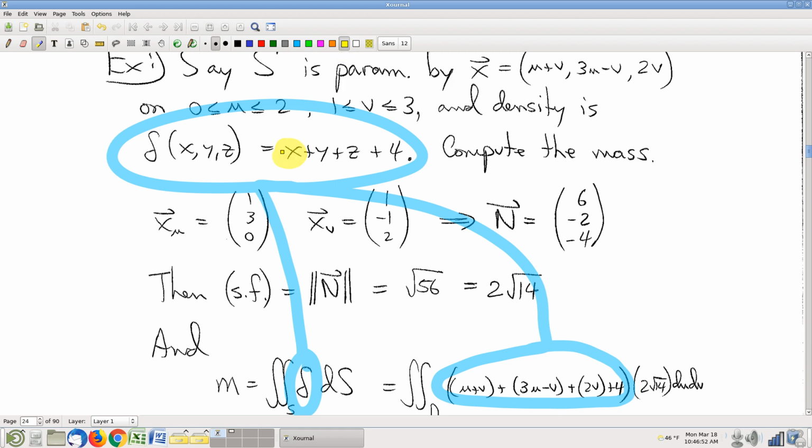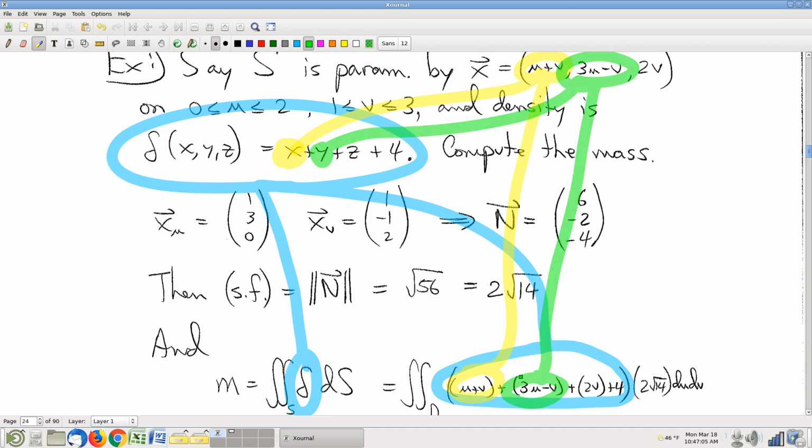So this x right there in the formula for density, x is u plus v. That's what the parameterization is telling us. y is 3u minus v, and z is 2v. That's just plugging in. Is everybody on board? Questions? Everybody happy?